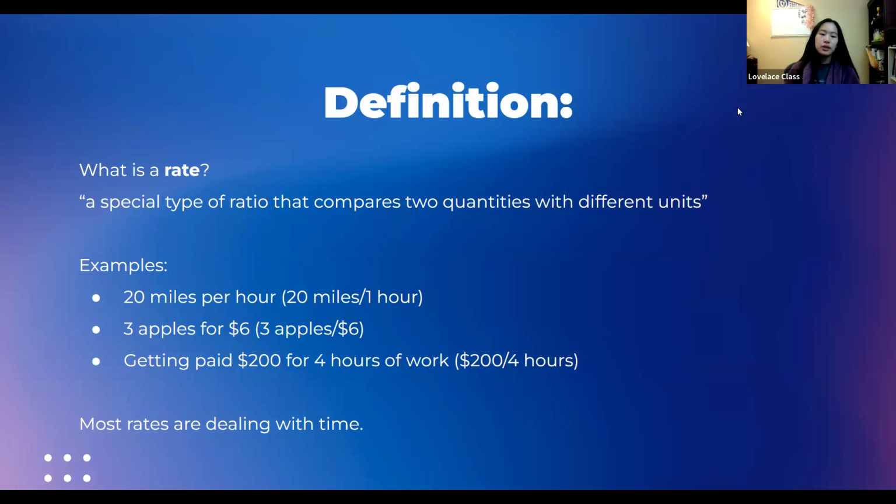Here are some other examples. When you go to the grocery store, it says like 3 apples for $6. So you're comparing the quantities apples and dollars, so money, right? Like if you buy a piece of bread for $1.